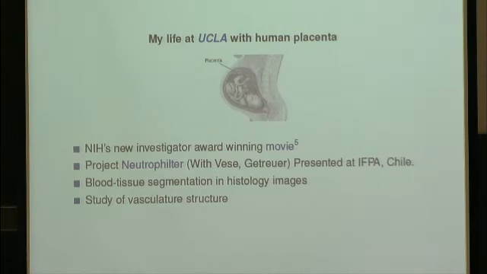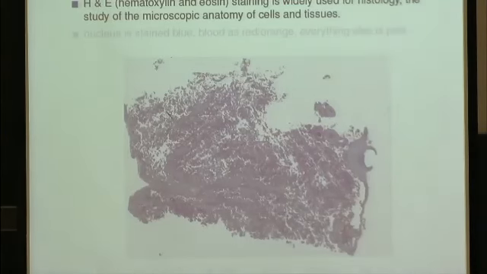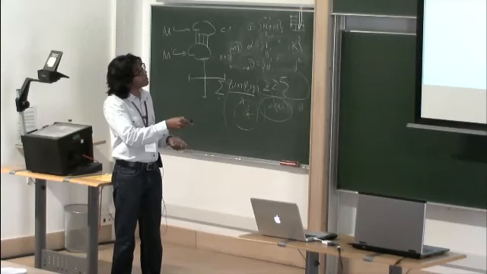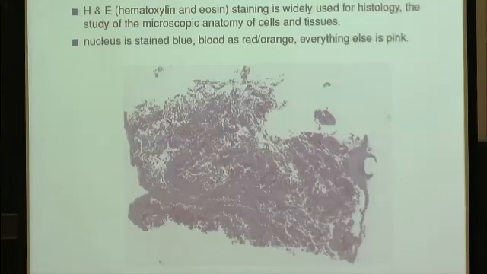So, basically the problem here is, you have this set of images which are produced by staining placental tissue by some chemicals, hematoxylin and eosin. What happens here is the blood is shown in red, and the nucleus is stained blue, and everything else is kind of in between, pink.